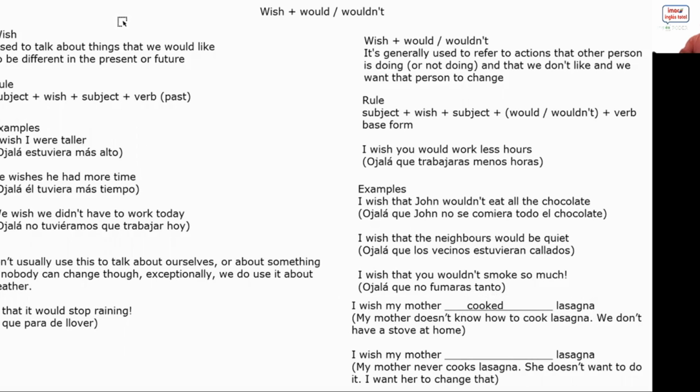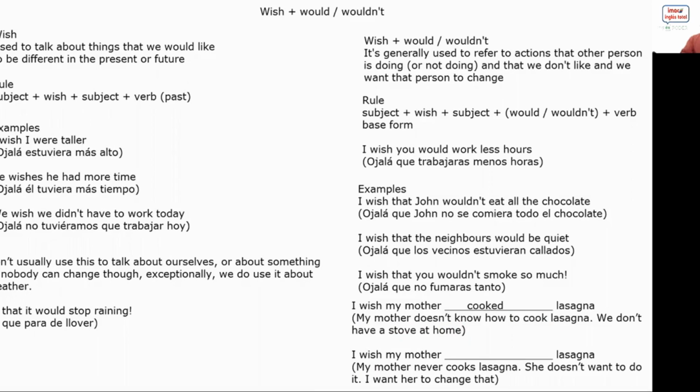Sure that you also reflected on this, because this situation, yes, I would like to be different. And in addition, this is very unlikely or even impossible. My mother doesn't know how to cook and we don't have a stove at home. So how is she going to cook lasagna? How is this situation going to change? Very unlikely.